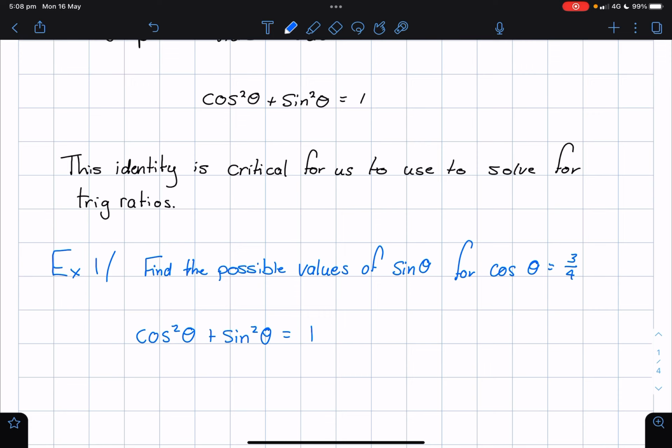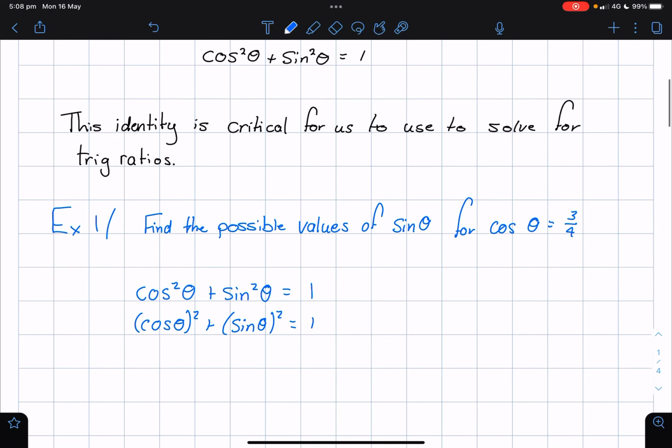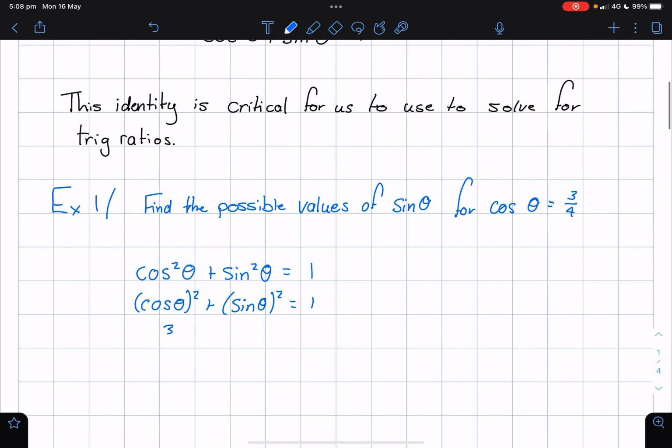Remember, this is just cos theta squared plus sine theta squared equals 1. Now, cos theta we have as 3/4, so we substitute that in. We've got 3/4 all squared plus sine squared theta equals 1.